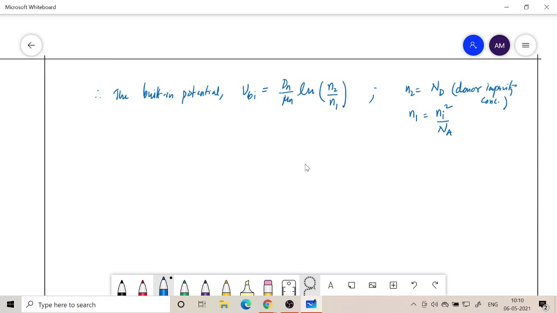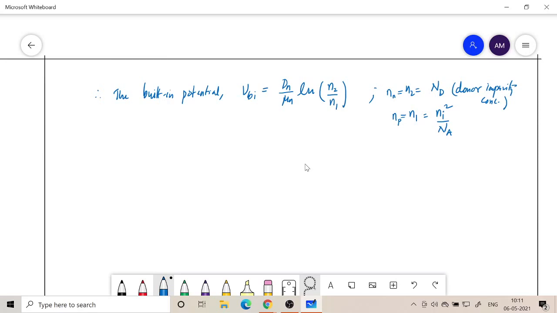So from this we will get the concentration of electrons on the p side. We can also call this one n on the p side, and this is basically n on the n side. Okay, so that's the convention which I taught you in the last class.